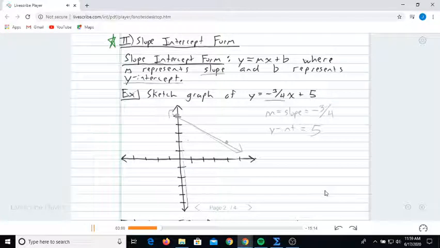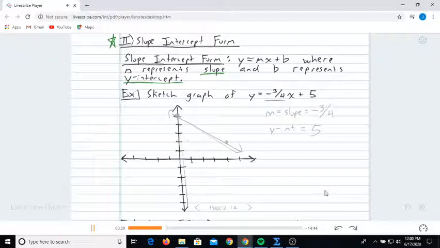Now, slope-intercept form of a linear equation is completed by essentially isolating the y variable or the output variable. So it's basically if you put a linear equation in function form or function notation, it's pretty much going to be in slope-intercept form. So y equals mx plus b is what we call slope-intercept form, and this is where m represents the slope and b represents the y-intercept.